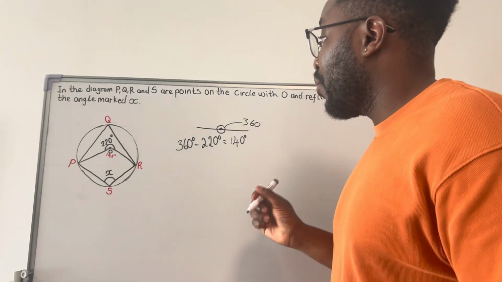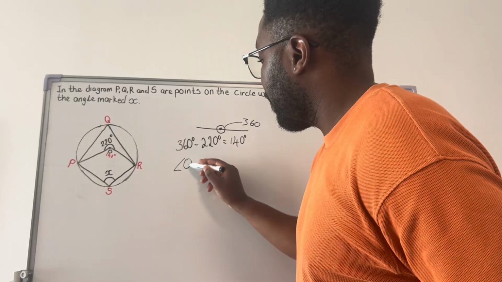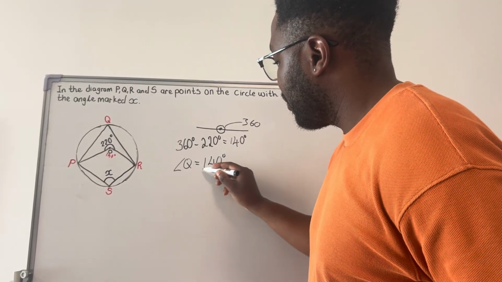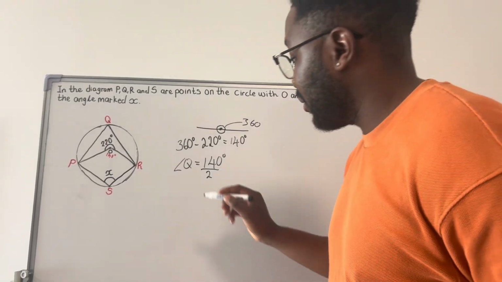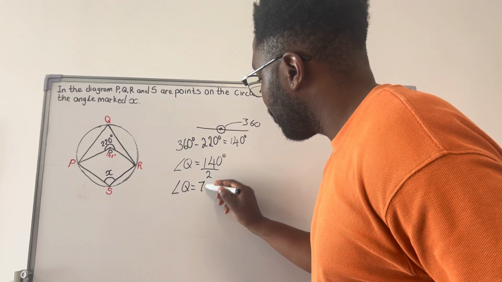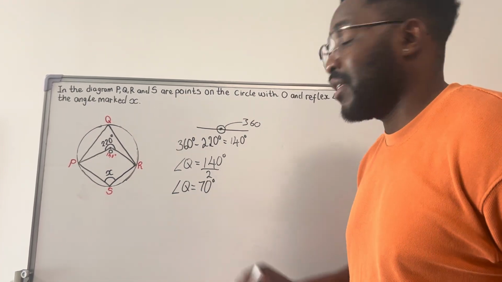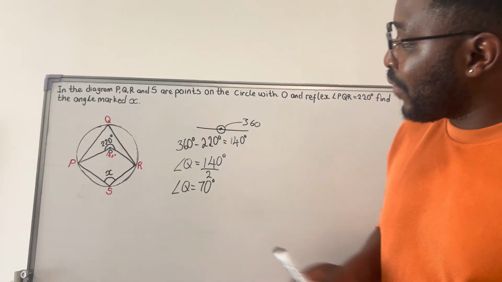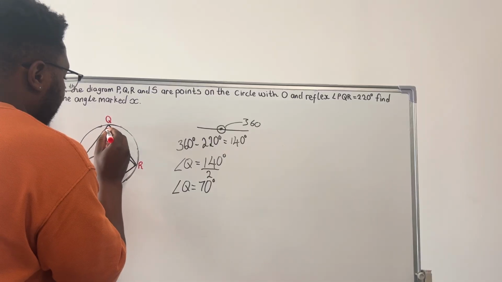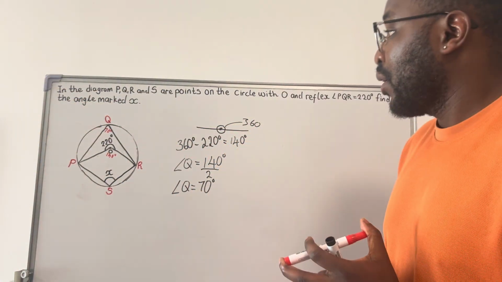So angle Q equals 140 divided by 2, that gives us 70. So we write it right here, angle Q is 70.